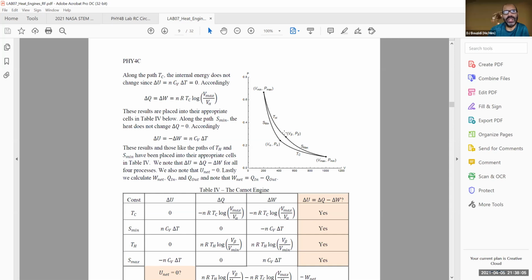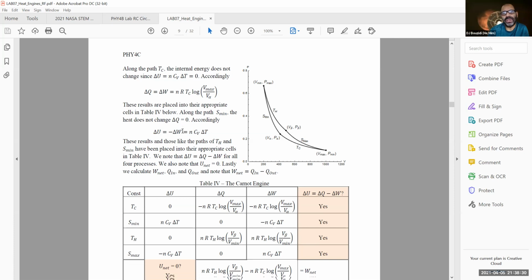This is T H, an isothermal. This is T C, the other isothermal. This is an adiabatic, no heat exchange, and this is the other adiabatic with no heat exchange either. So this is constant entropy, and this is constant entropy. Entropy doesn't change, so that's why we call these processes isentropic processes.